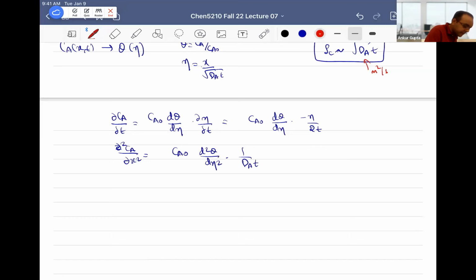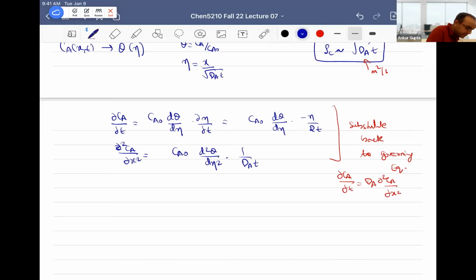So we substitute this back into the governing equation. It's not very difficult. Recall that the governing equation is del CA by del t equals DA del square CA by del x square.